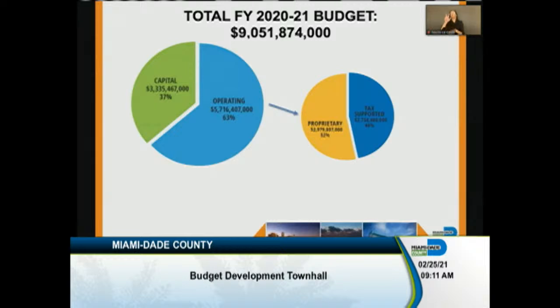The unincorporated area represents $514 million, consisting of $160 million in property taxes and $354 million in other revenues. The fire district represents $418 million, and the library district represents $79 million.